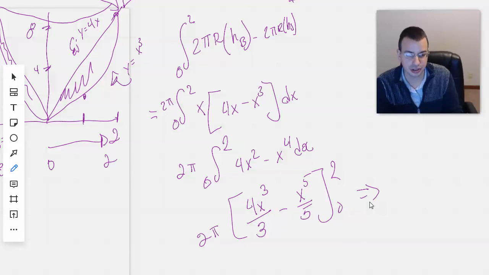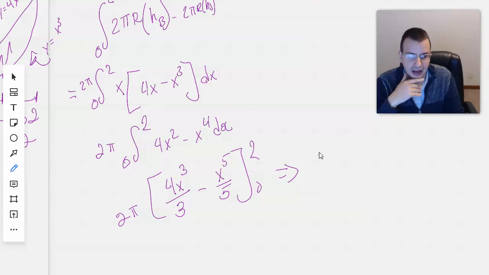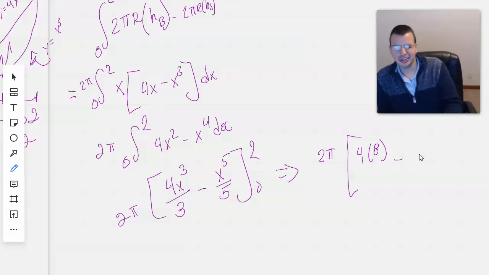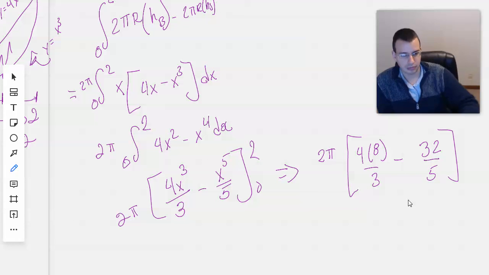The 0 is just going to go to 0, so I'll just worry about the 2's. And so we have 2 pi times 4 times 2 to the third, which is 8, minus, I think it's 32. So 2 to the fifth, if we know third is 8, 16, 32, yep. 32 over 5 over 3.